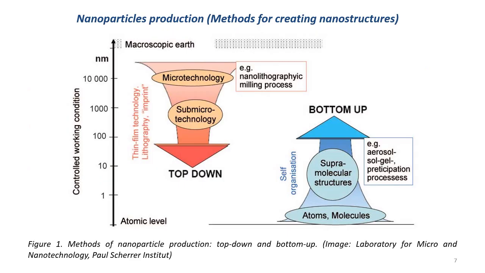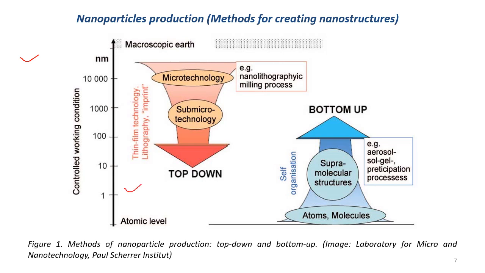Here is one picture which gives the outline of how these nanotechnologies or processes are used at different levels. You can see on the left side, that is the top-down approach.